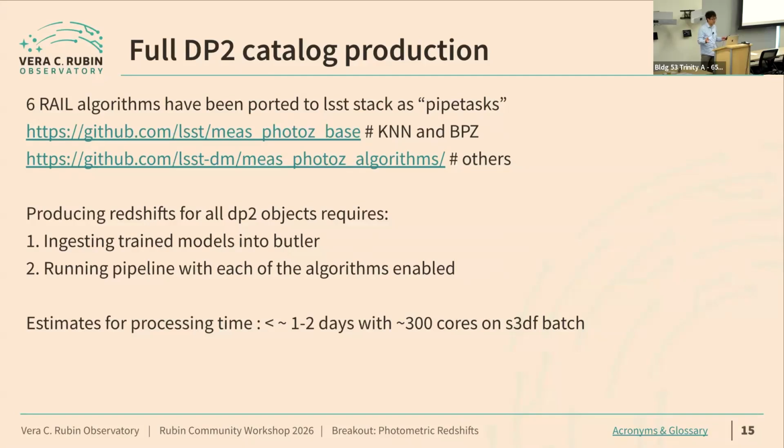And this is the first time we run these new pipelines, and we're also getting an estimate of the runtime. And so for running the 6 algorithms, we spend about 1 to 2 days on 300 cores on the S3DF batch. And so if you're interested in rerunning PhotoZ, this is what you want to expect.